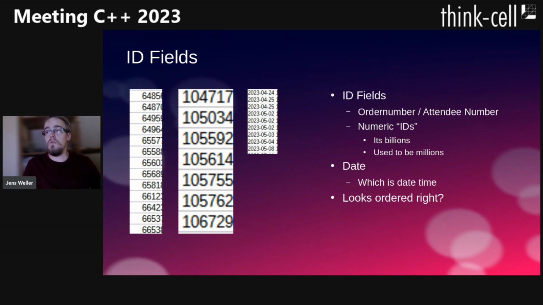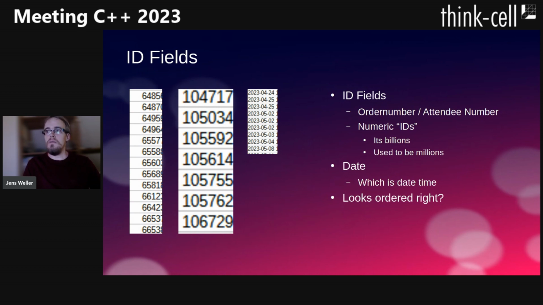Also, the data looked ordered in multiple ways. The IDs looked ordered because they were monotonically increasing over time, with quite big differences between. So this is like a global number which is increasing on that service, I guess.